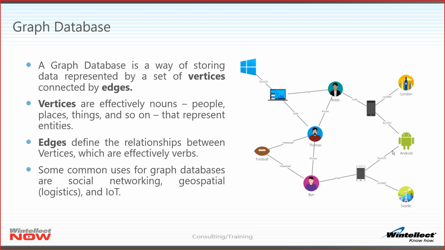And then some common use cases with this would be things like social networks and geospatial data, so things like logistics. So if you can imagine a map where each one of these nodes represents something like a city or a location on a map, and in the demo I'm going to show you later on, it's going to be using a map.